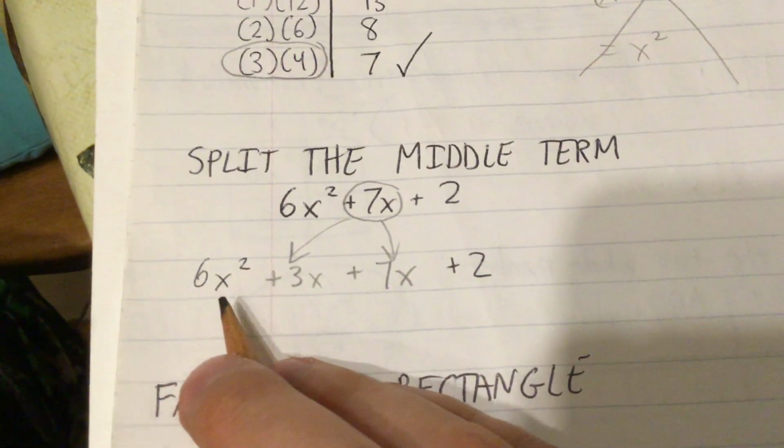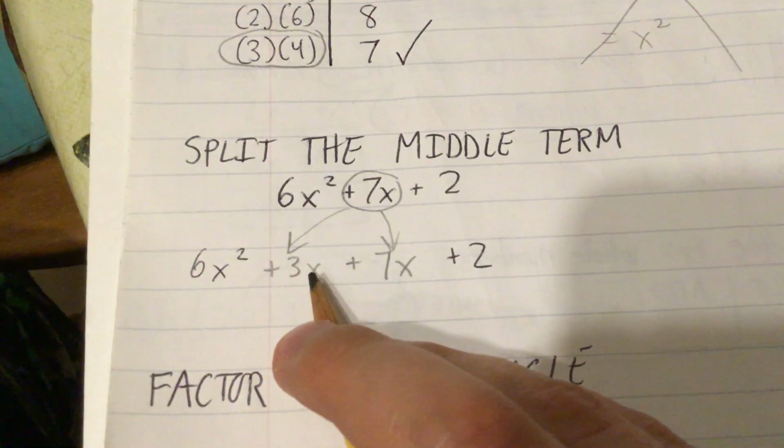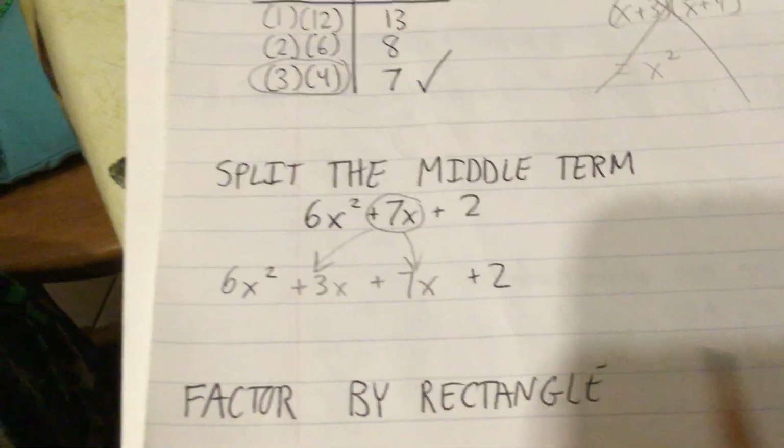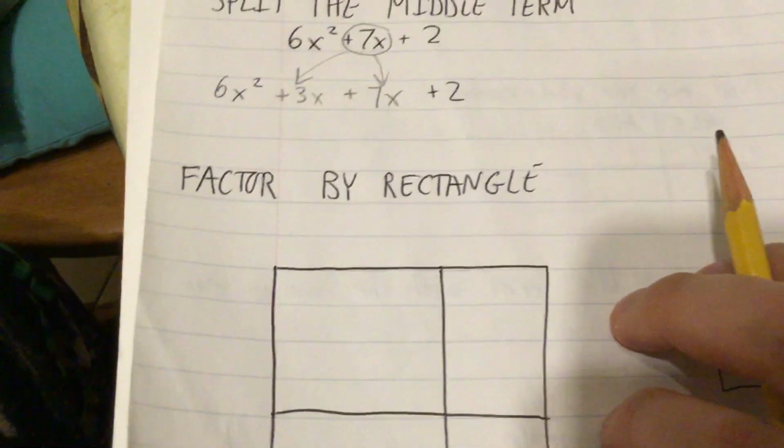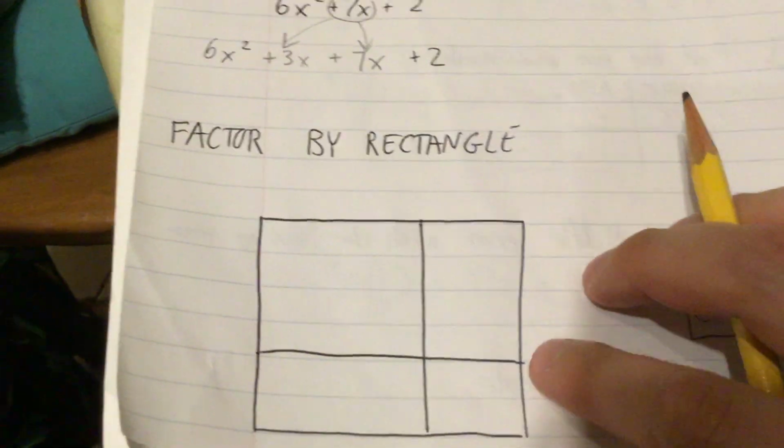So now this expression becomes 6x squared plus 3x plus 4x plus 2. Now we're getting somewhere.